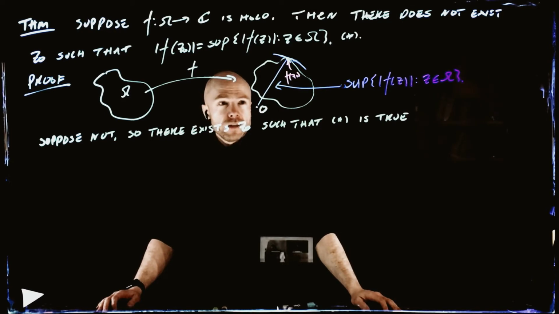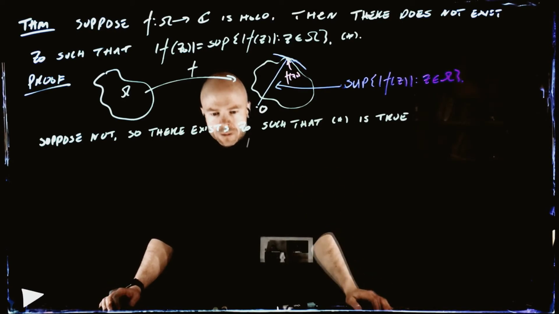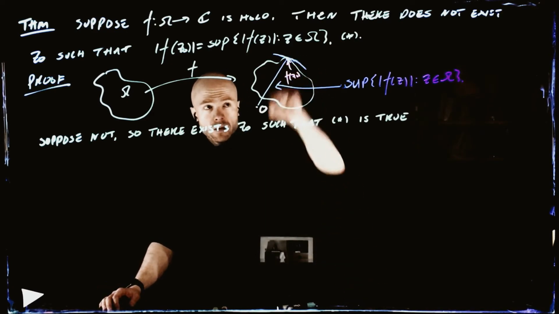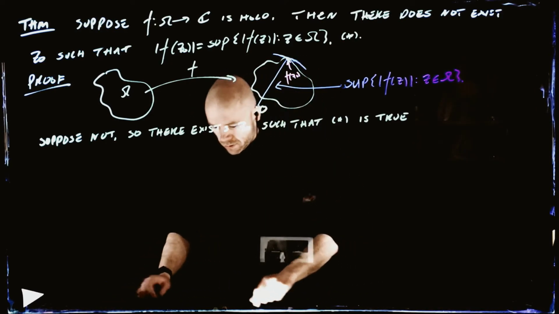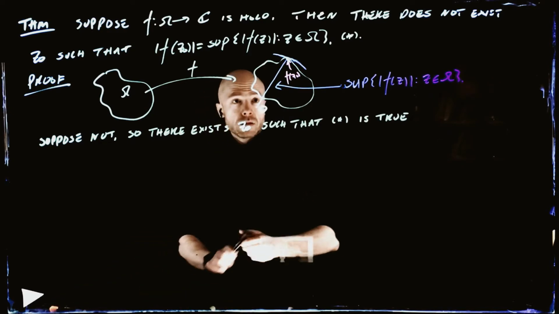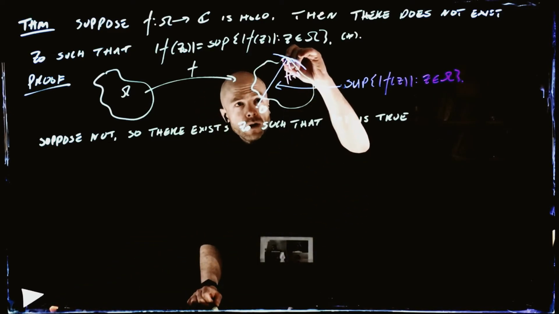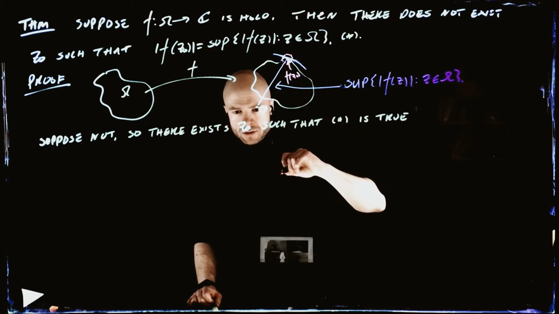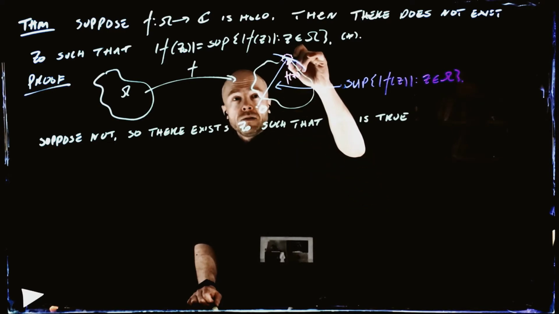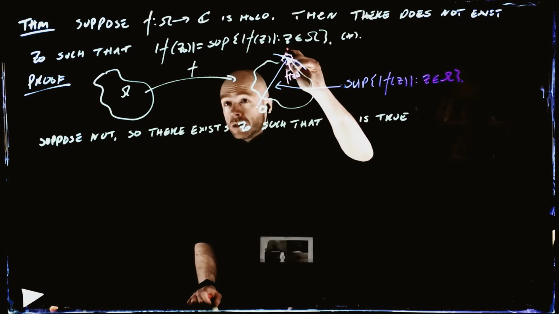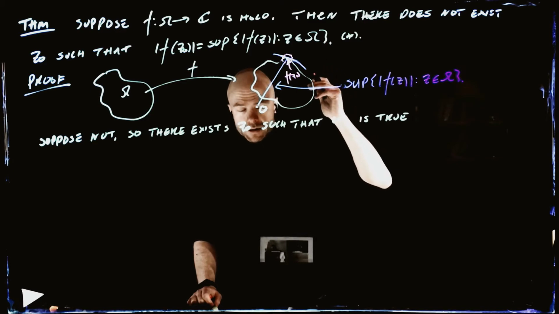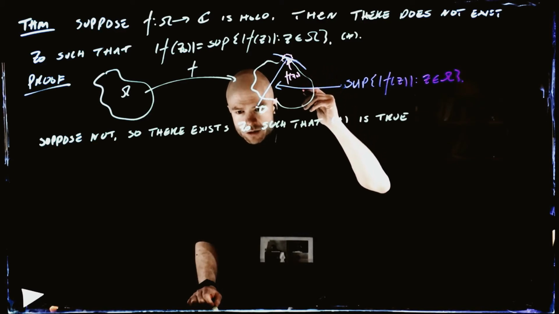And why do we not believe f of z0 can be here? It should be an open set. So this thing should have a ball around it, so there should be a ball around this point inside of our set like this. And if there was a ball around this guy, then this would not actually achieve the maximum. So from the pictures, this theorem is really not surprising at all.